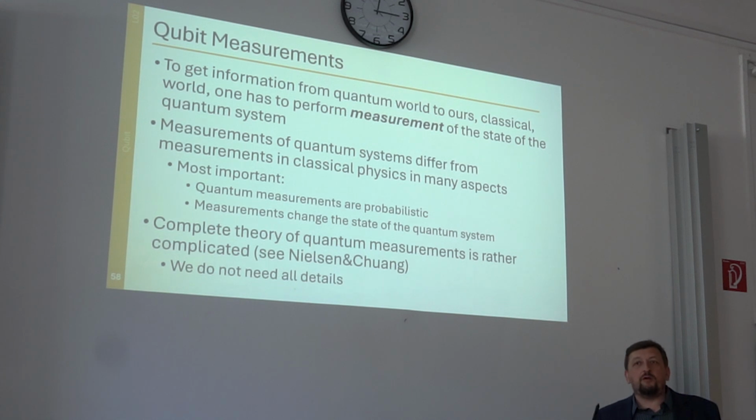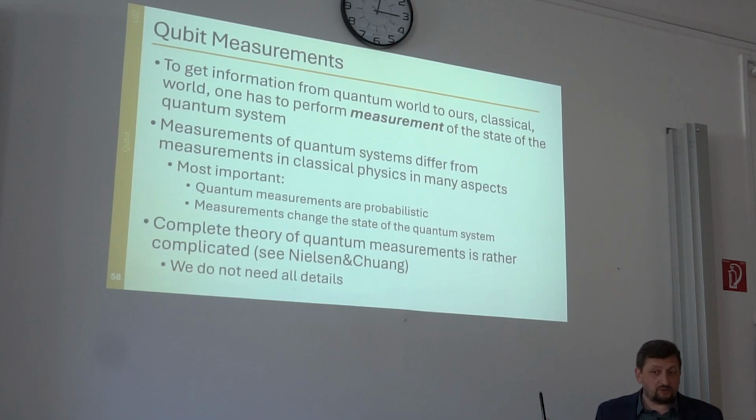When we don't measure quantum systems, there is nothing probabilistic or random about the dynamics. When a quantum system evolves by itself without us looking at it, there is absolutely no randomness there. Everything is determined. The only source of quantum randomness is when we measure the quantum system.